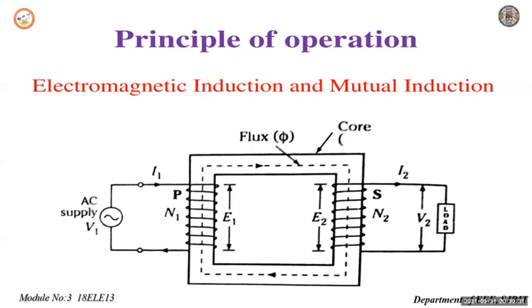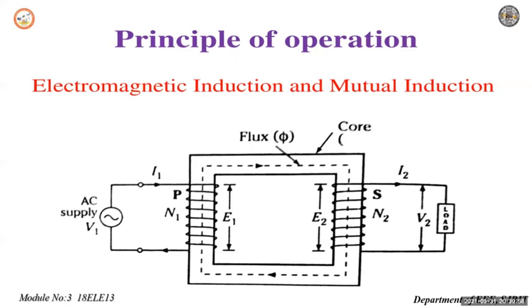This current produces an alternating flux, which completes its path through the common magnetic core, as shown in the dotted lines in the figure. Thus, an alternating flux links with the secondary winding. As the flux is alternating, according to Faraday's laws of electromagnetic induction, a mutually induced EMF gets developed in the secondary winding.